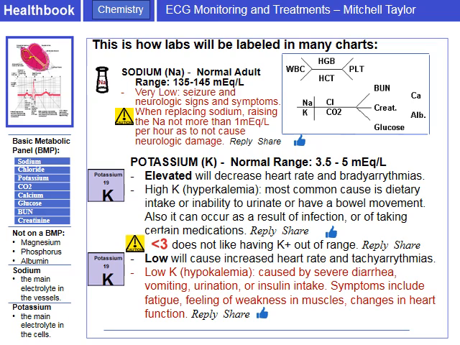So you may have to advocate for those to be done if you suspect a patient is having an arrhythmia and you have a potassium level and a calcium level, but you don't have a magnesium, phosphorus, or albumin. You may have to advocate that those be drawn or run on the blood in the lab. And just a reminder, sodium is your main electrolyte in the vessels, the extracellular ion, and potassium is the main electrolyte inside the cells.